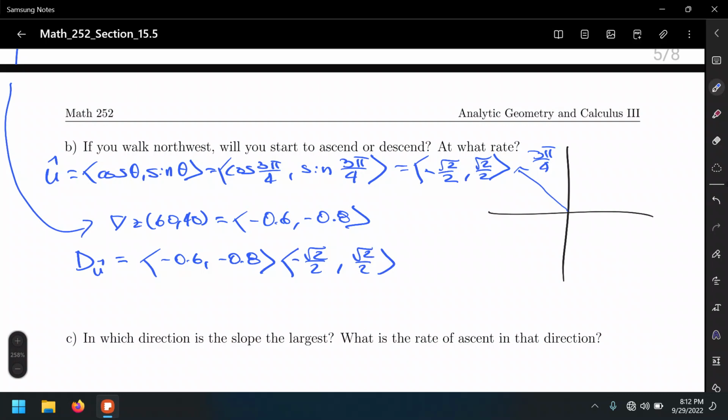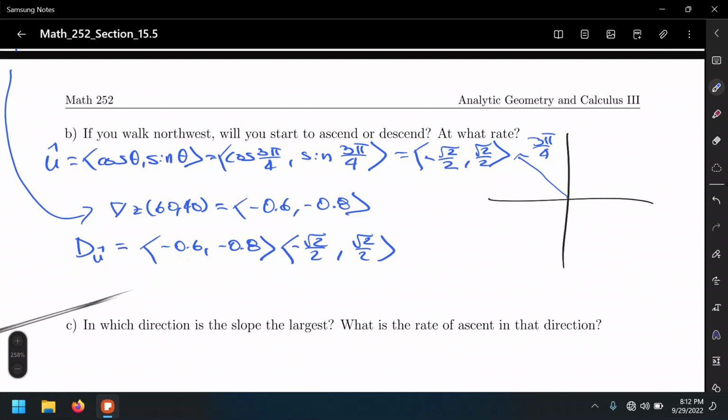All right, so let's do this calculation. Negative 0.6 times negative root of 2 over 2 is positive, so that's 0.6 root of 2 over 2, minus 0.8 times root of 2 over 2.